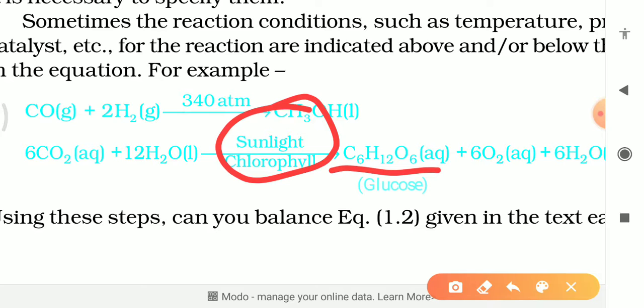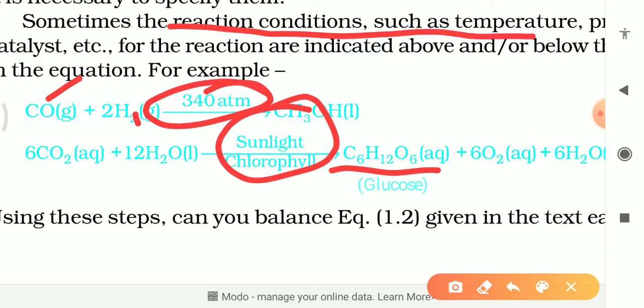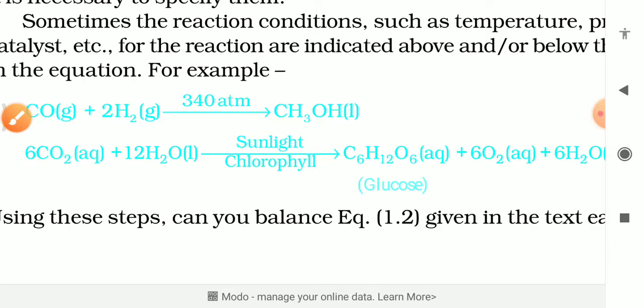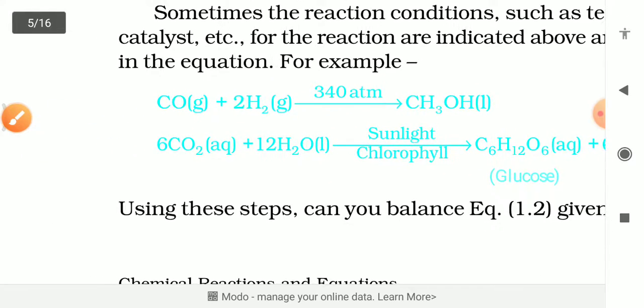This is the chemical formula of glucose, and it releases 6 molecules of oxygen and 6 molecules of water. After writing the physical state, it's very important to mention the reaction conditions also, such as temperature, pressure, and catalyst. Then we can say that a complete reaction takes place.